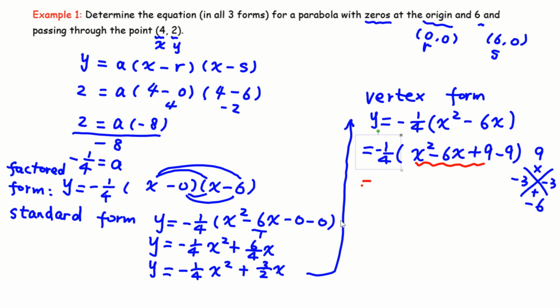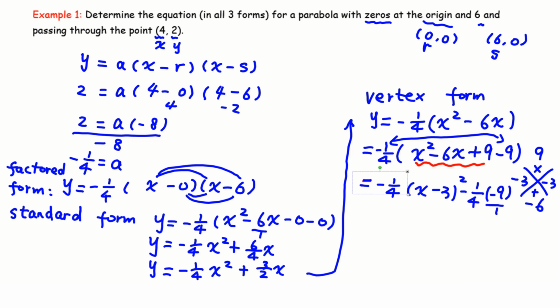So then you will have equals negative 1 over 4 bracket x minus 3 bracket squared for the first three terms. Then the fourth term, we are going to take it out of this bracket, and don't forget you are going to times negative 1 over 4, the a value, with negative 9.